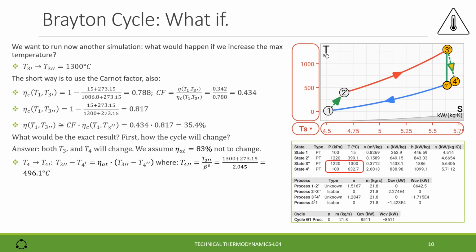T3 second minus T4' equals eta into T3 second minus T4 second, where T4 second, which we have also represented in the chart, is the ratio between T3 second and beta to the power epsilon, and that is 496.1 degrees, while the temperature T3 second minus T4' is also equal to the efficiency, that is 0.83, into the difference of the temperatures, 1300 minus 496.1 already found.